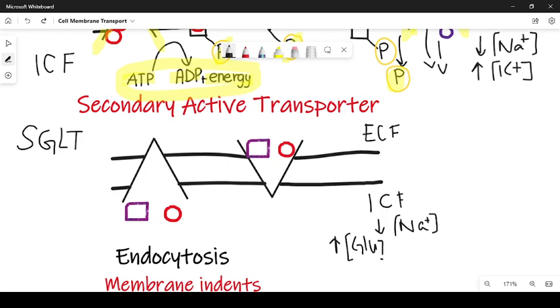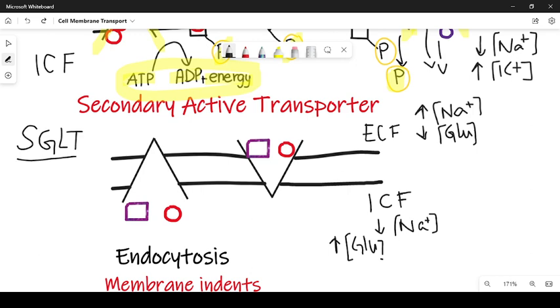And in the extracellular space, we have a high concentration of sodium ion, but a low concentration of glucose. So how are we going to send glucose from the extracellular space to the intracellular space? We do that by using the sodium-glucose transporter.